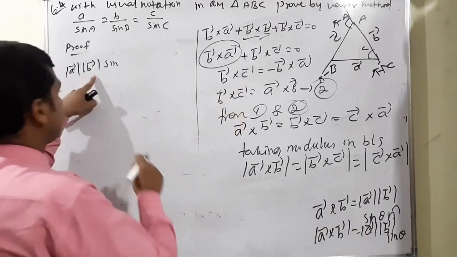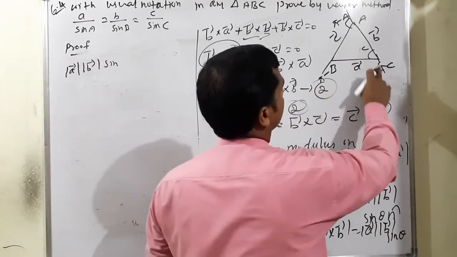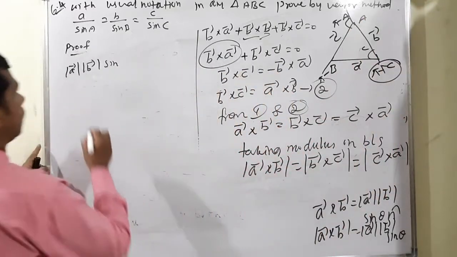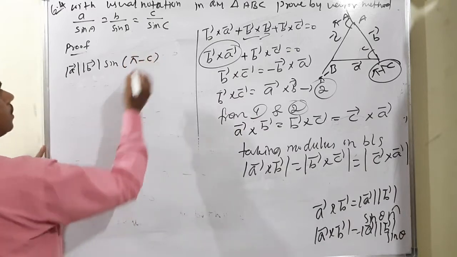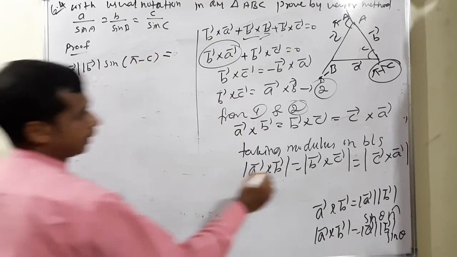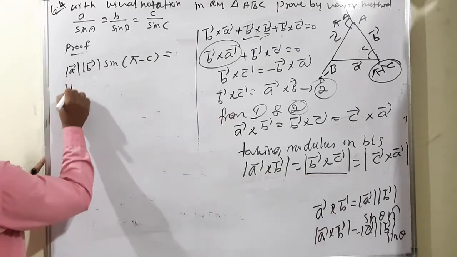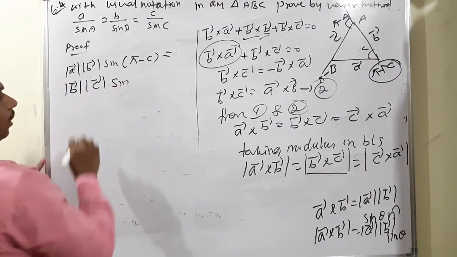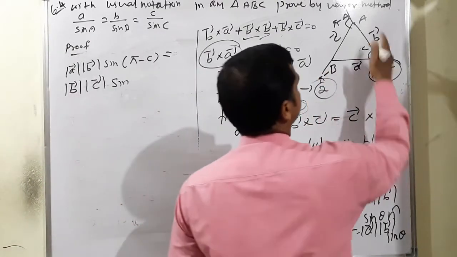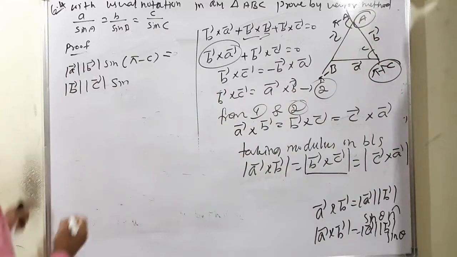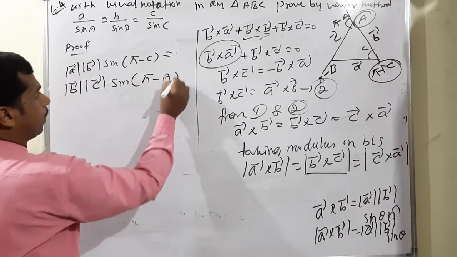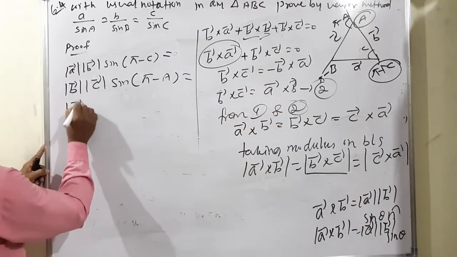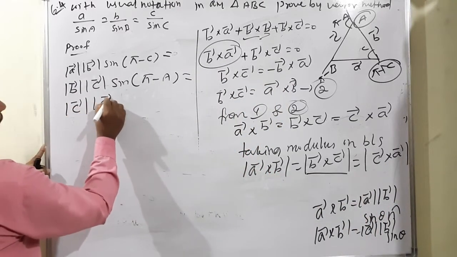Theta here is the angle between A and B, so we can take it as pi minus C. Sin of pi minus C is equal to the second term, modulus of B vector cross C vector, which is modulus of B vector into modulus of C vector into sin of the angle between B and C, which is pi minus A. Pi minus A is equal to the last term, C vector cross A vector, modulus of C vector, modulus of A vector.